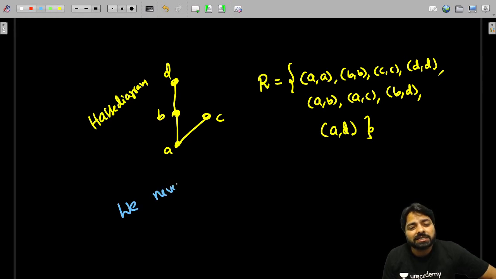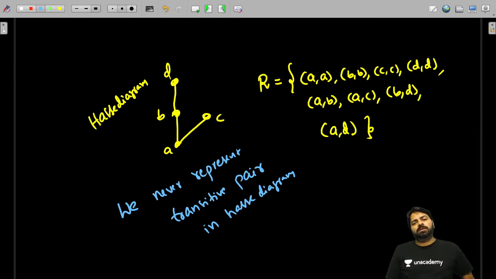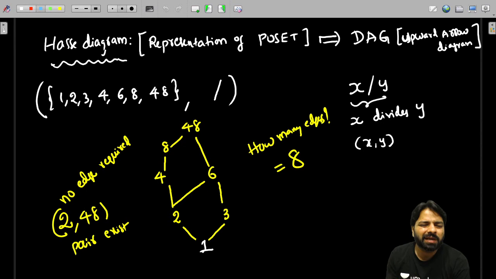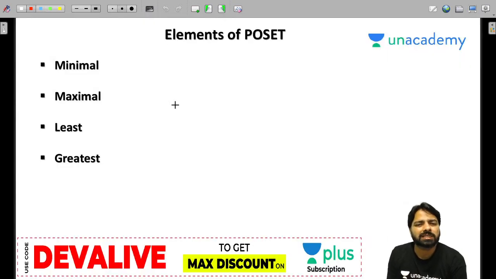We never represent transitive pairs, because transitive pairs will be understood. We never represent transitive pairs in the diagram. I hope with the one example I have given, you might have understood the concept. Okay, now let's go to the elements.